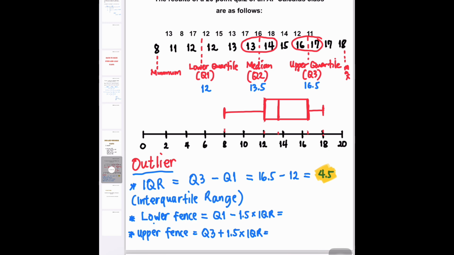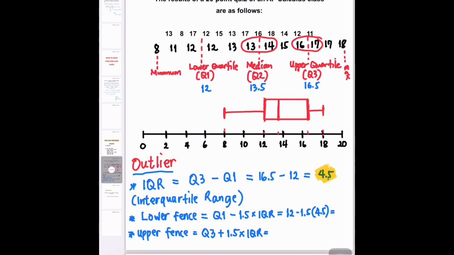Let's find out the value of the lower fence. So we have Q1 is 12 minus 1.5 times the IQR, which is 4.5. So we need to be very careful here, because if the IQR is incorrect, obviously the calculation for the lower fence and the upper fence will also be incorrect.